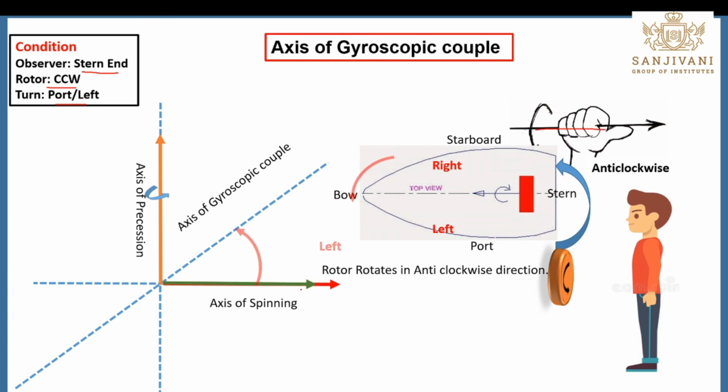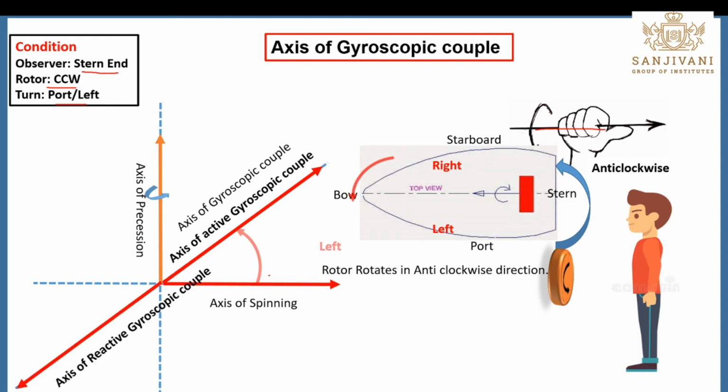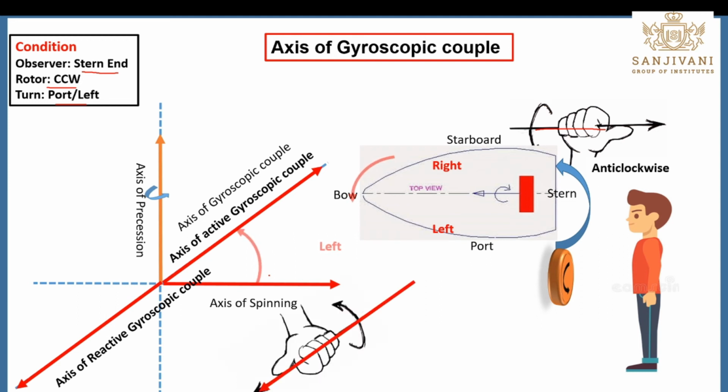This is the spinning vector. Now we need to rotate the spinning vector in the anti-clockwise direction because the ship is taking the turn towards left. This is the active gyroscopic couple, but we are interested in the reactive gyroscopic couple, which is again pointing towards you.